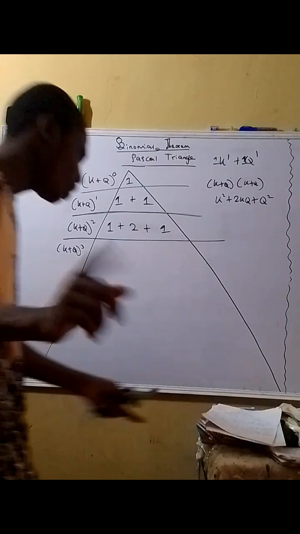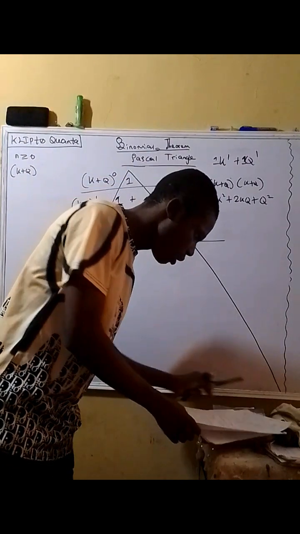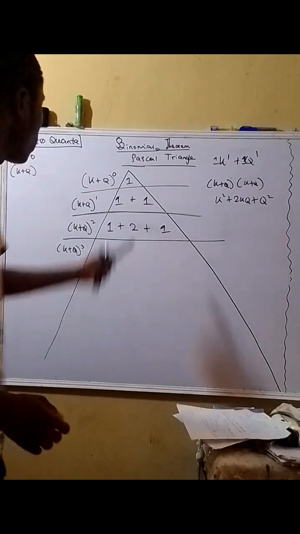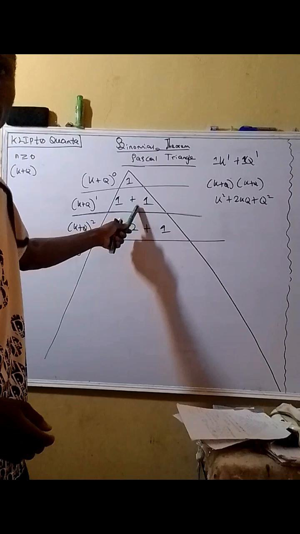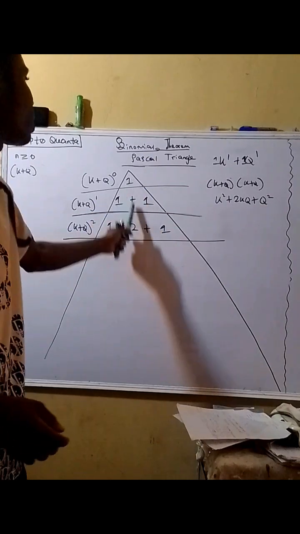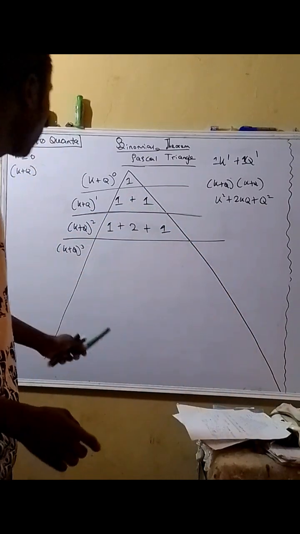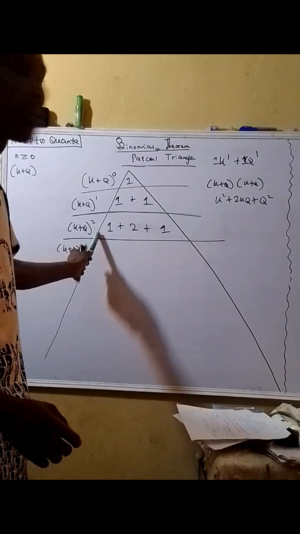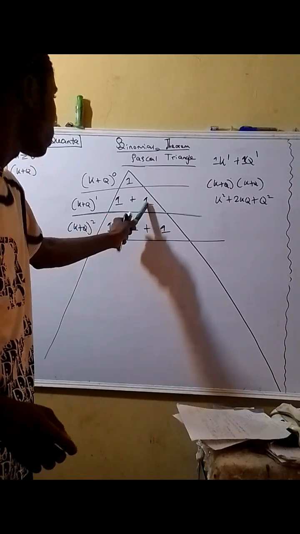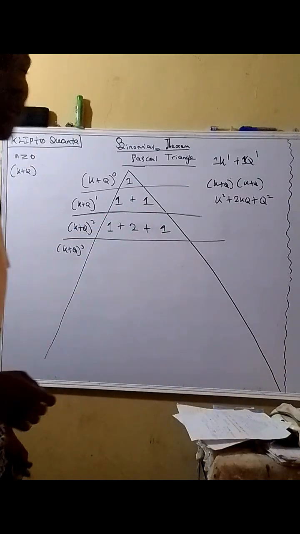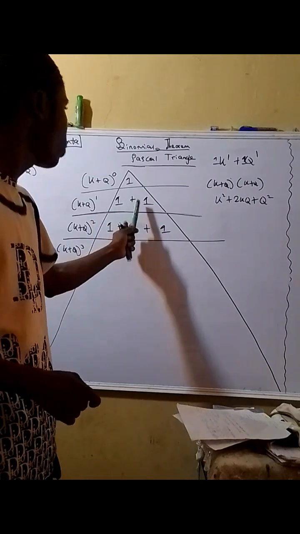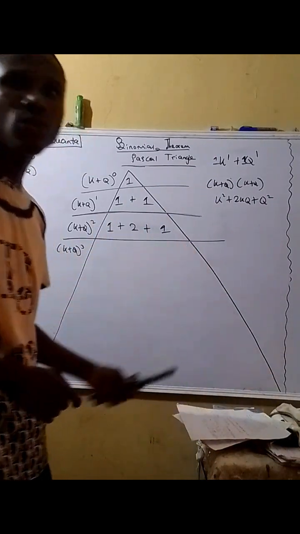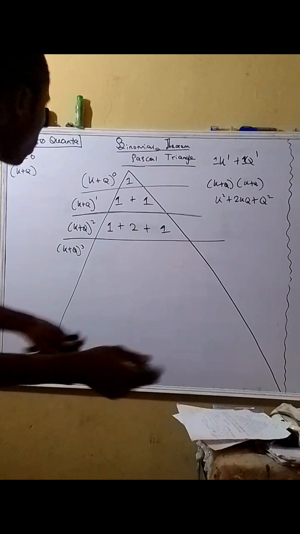If you look at this point, you have 1 here. It expands to 1 plus 1, because 1 stands alone. Now we know the next value here will be 1. So 1 plus 1 will give you the middle value, which is 2. And since there's nothing more to add, the last term ends with 1.